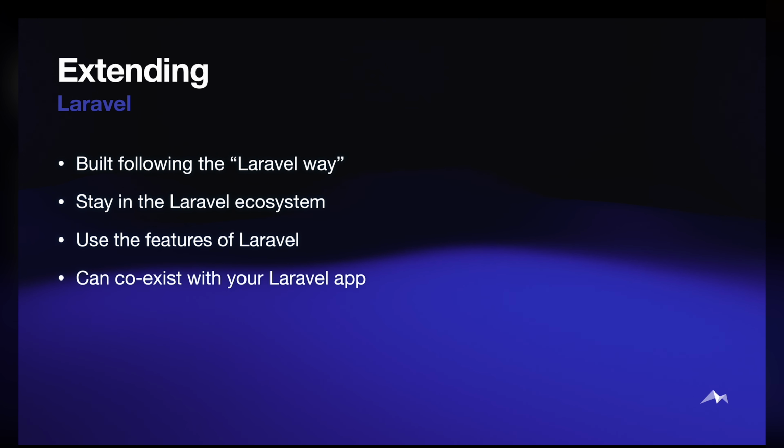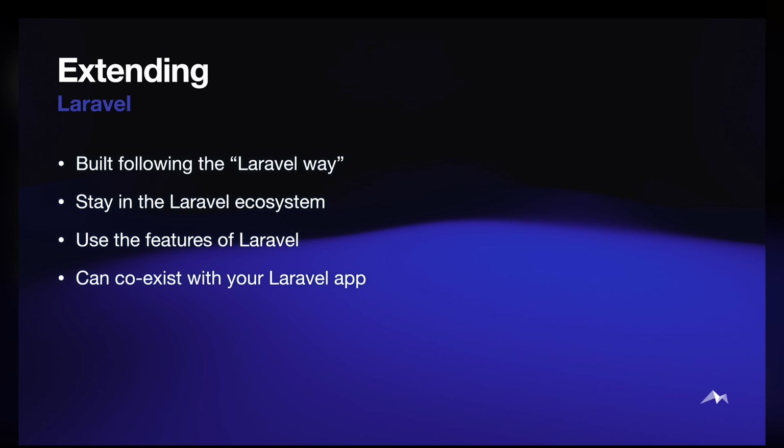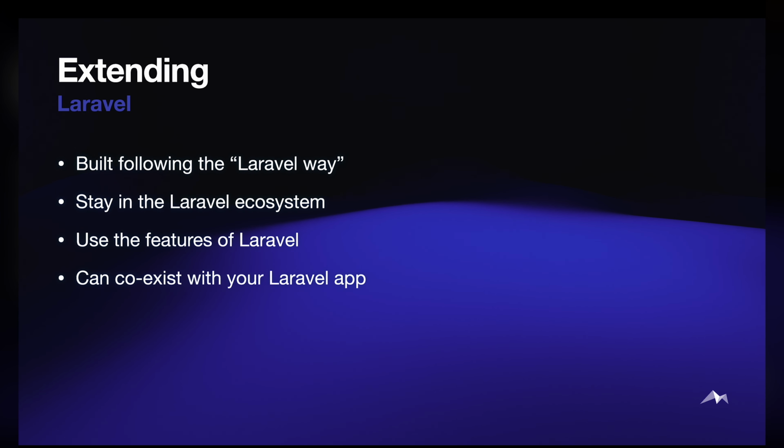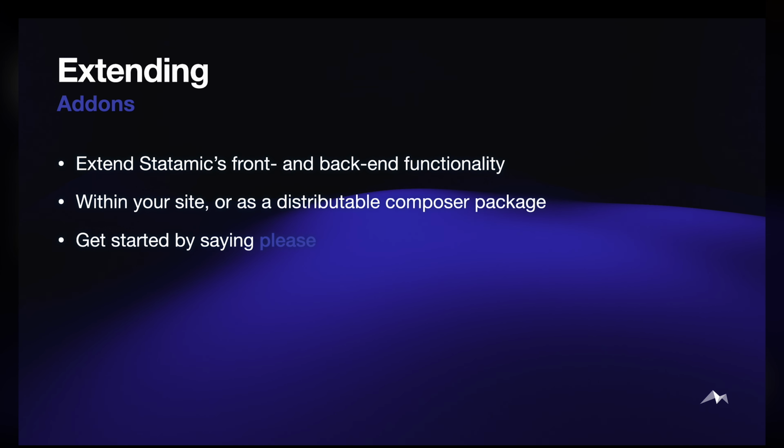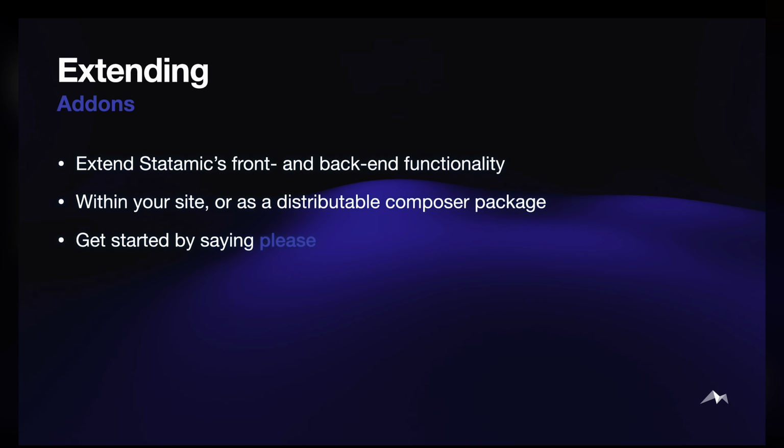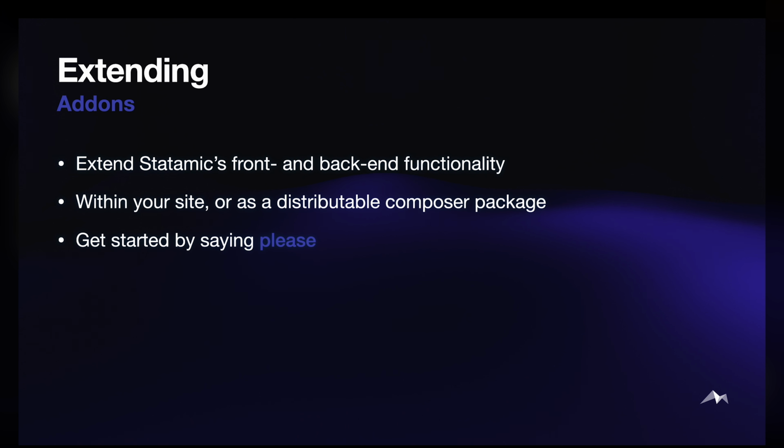And it can also exist with an existing Laravel app too. So if you've got an app and need content management, you can plop Statamic on top of it and start to actually have the two coexist harmoniously together. You can then extend what it can do as well. Just like a composer package that you would create for Laravel, you can create add-ons for Statamic. They can either live within your site if it's something very unique to you, or it could be something that is distributable for those times when you want to sell it on the marketplace or release it as open source that anyone is able to use.